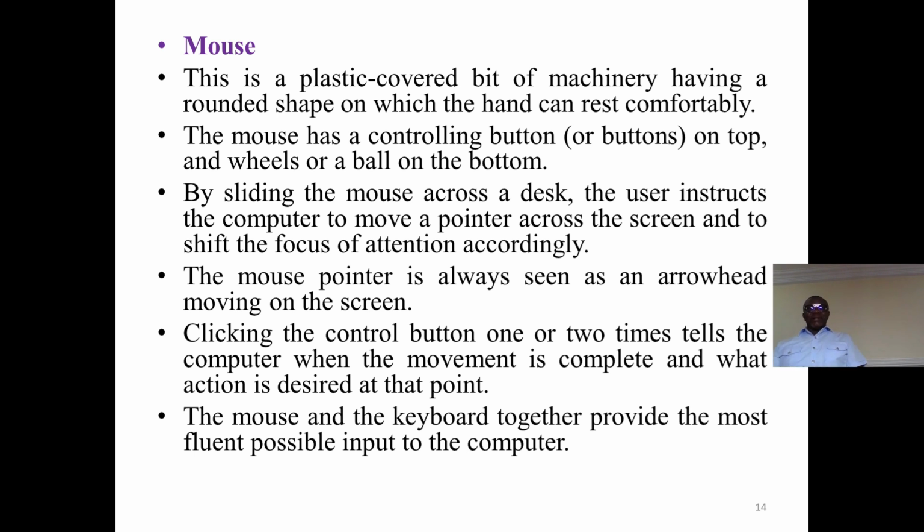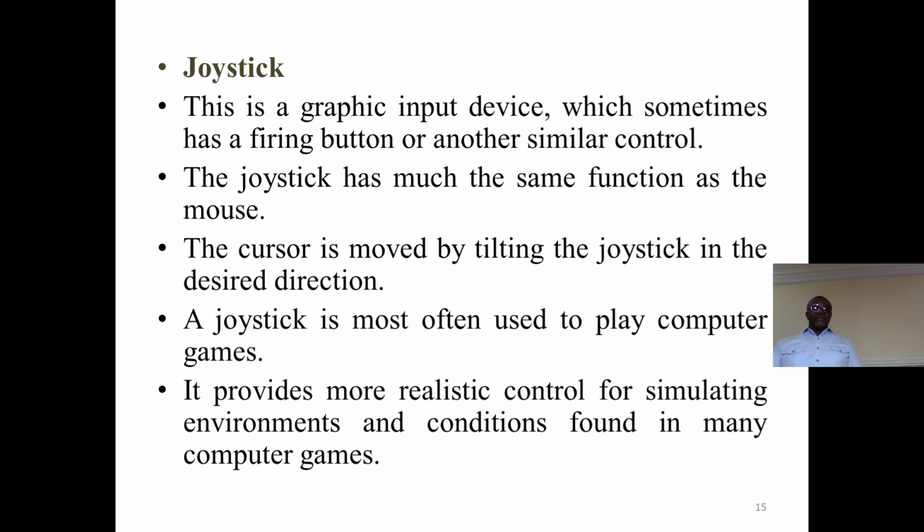By sliding the mouse across the desk, the user instructs the computer to move a pointer across the screen and to shift the focus of attention accordingly. By clicking the control button once or twice, the computer takes action.